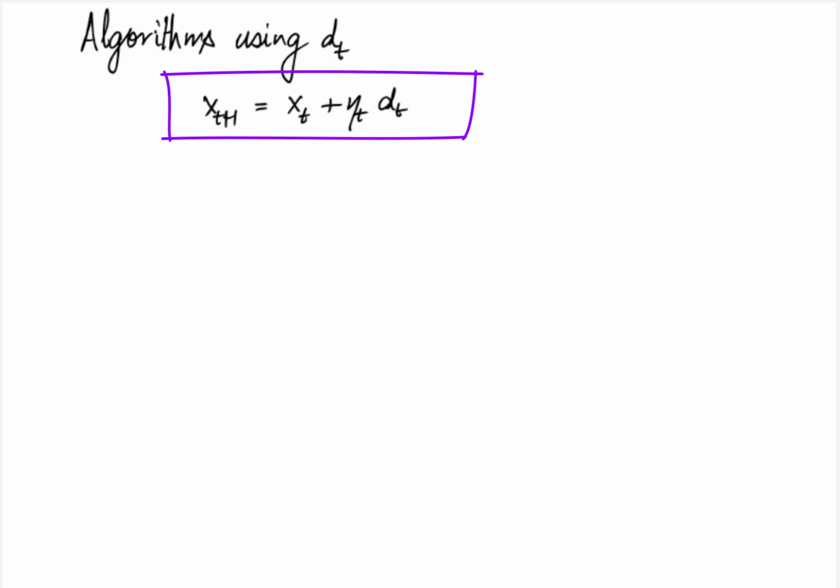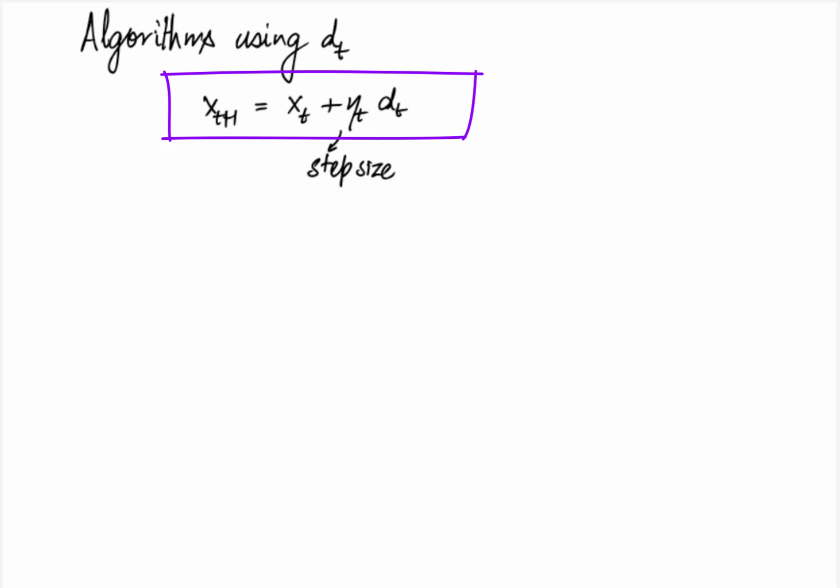We come to a class of algorithms that use the descent direction dt so that the function value decreases in that direction. The updates in such algorithms take the form x of t plus 1 equal to x of t plus eta t times dt, where dt is the direction and eta t is the step size along that direction.